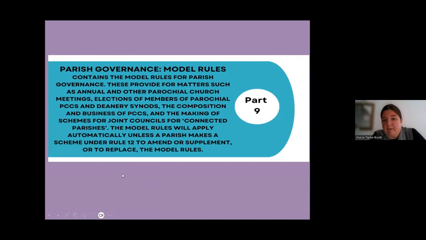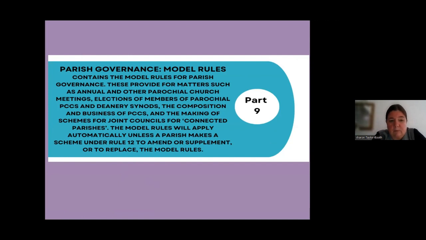So part 9 of the Church Rep rules contains the model rules for the parish governance. These provide for matters such as annual and other parochial church meetings, elections, and members of PCCs and deanery synods, the composition and business of PCCs, and the making of schemes for joint councils for connected parishes.